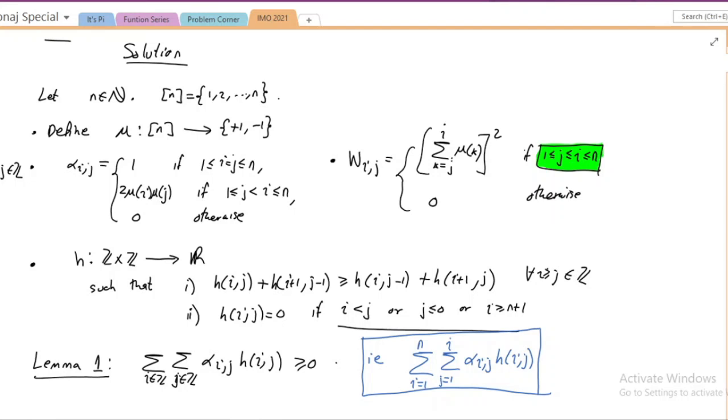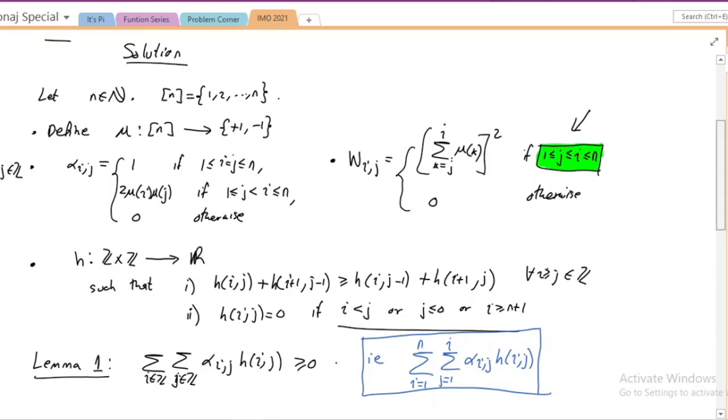So it's similar to the range we're dealing with, except we're not bounding it between 1 and n anymore. And then h of ij is 0 outside the range of interest. The range of interest is the one denoted by the green, so we just call it the green inequality. The second condition simply says h is 0 outside the green condition.